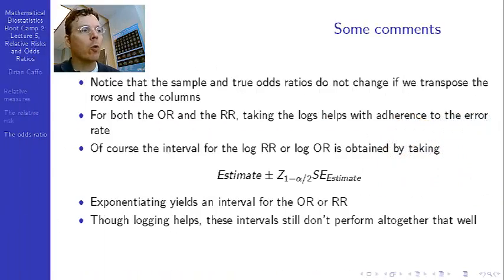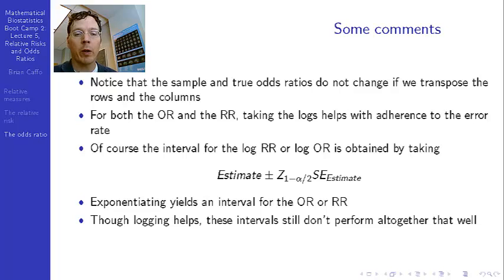Okay, so some comments about the odds ratio. One interesting fact is if you transpose, so the little 2x2 table is a matrix. If you transpose the matrix, so simply record it, in this case, we had side effects versus none labeled on the columns, I believe, and drug A versus drug B labeled along the rows.